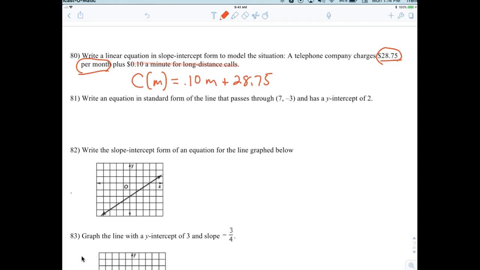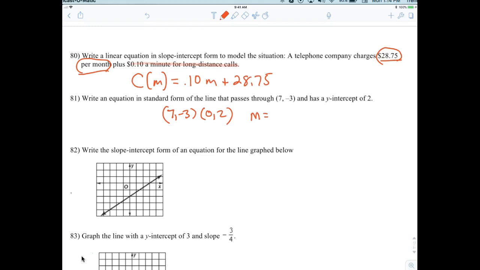So now it says write an equation in standard form that passes through 7, negative 3. So 7 comma negative 3. And if it has a y-intercept of 2, that point would be 0, 2. Everybody good with that? So now I need to find the slope.